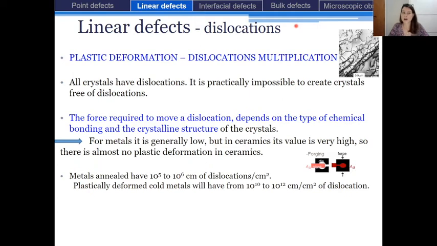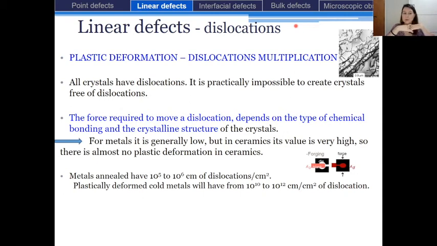Regarding the dependence of the force required to move a dislocation on the crystalline structure of the crystal, it is totally linked with what we explained about the slip movement and the slip planes being dependent on the linear atomic density and planar density.